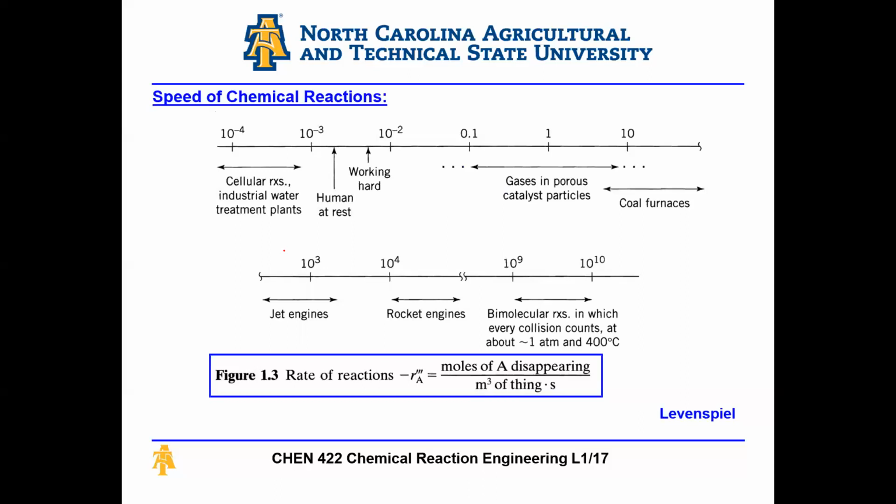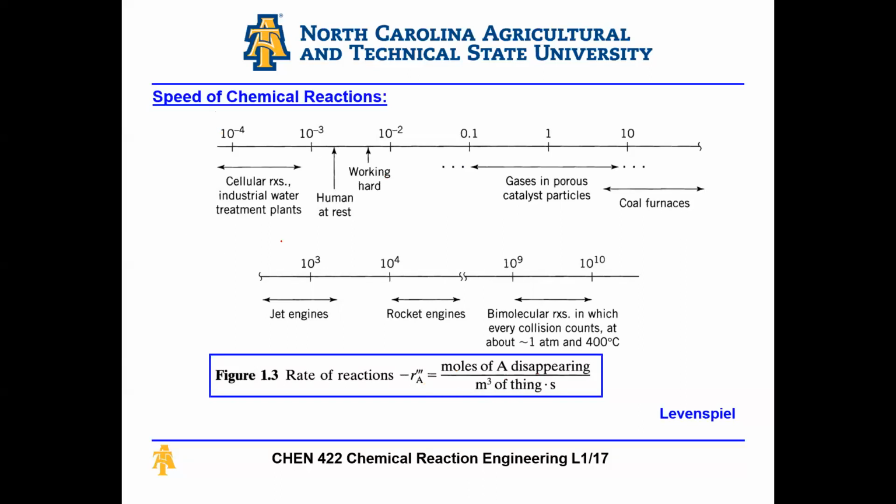Moving on, talking about reactions. There are all types of reactions out there, and they happen at all types of speeds. This figure is taken from Levenspiel. You can see that some reaction rates are extremely slow. This scale shows the rate of reaction, which is moles of A reacting per meter cubed second.